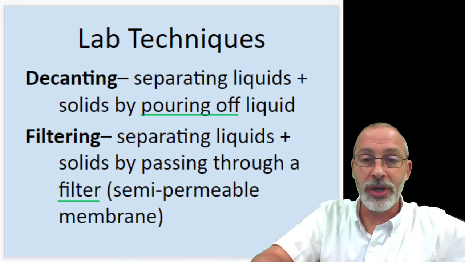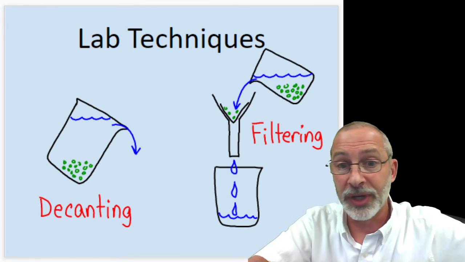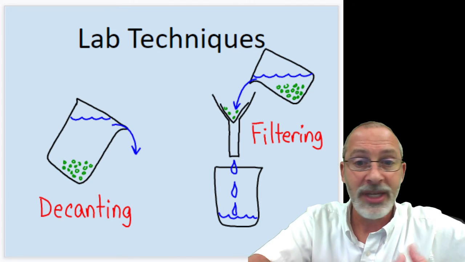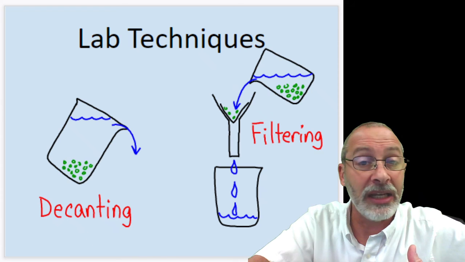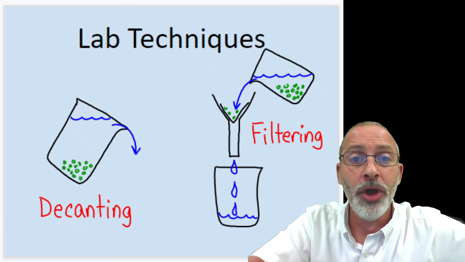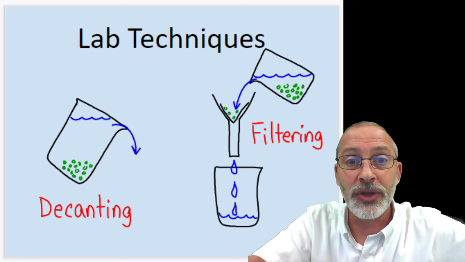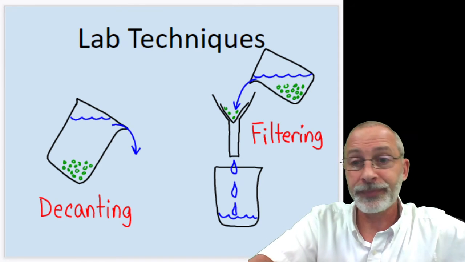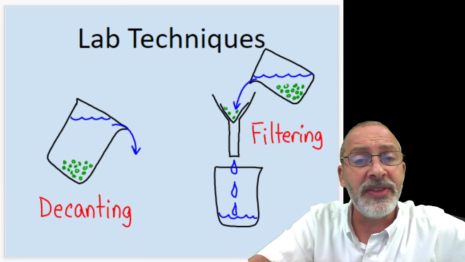Okay? So here's a quick illustration of decanting and filtering. If you look at the left, here we see a beaker with particles of a solid and a liquid of some kind, and you're just pouring off the liquid, just like our example at the beach. That's called decanting. Over on the right-hand side here, we see basically the same thing.